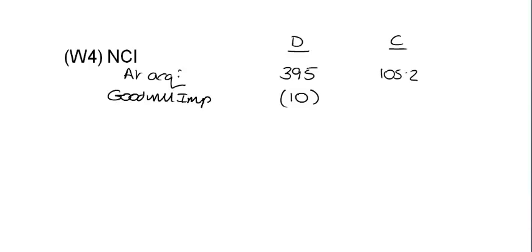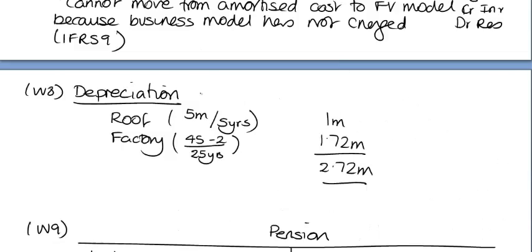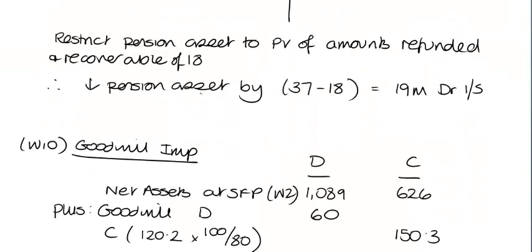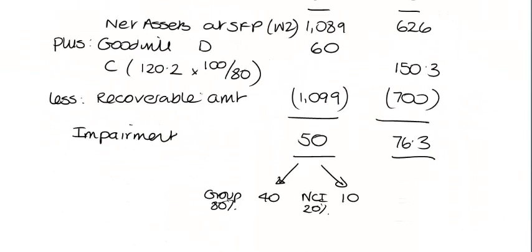Goodwill impairment 10 for NCI of data. Next, we've got the goodwill impairment in respect of captive. We've got a figure of 76.3, but that represents the total goodwill impairment.